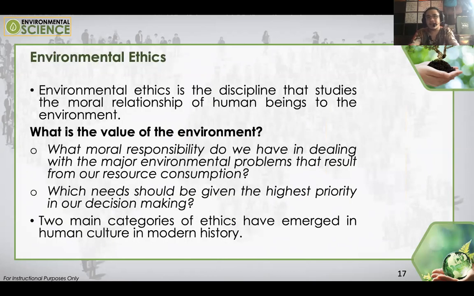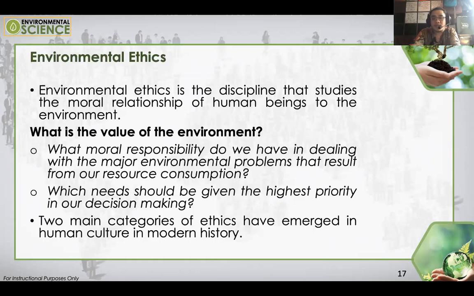Number three, environmental ethics. Environmental ethics is a discipline that studies the moral relationship of human beings to the environment. So, as human beings, we are encouraged to protect the environment. Here are the things you should consider on the value of the environment.